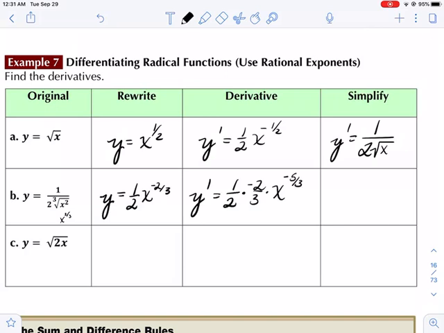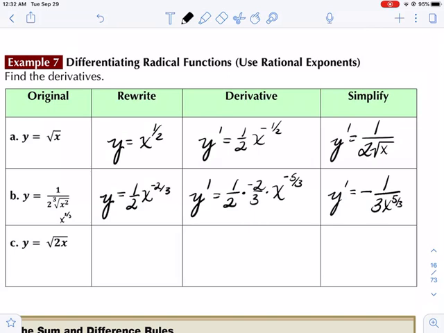So now, simplifying the expression, we would get y prime is then equal to negative 1/3 x to the negative 5/3. And let's change that so it's positive. Sorry about that. So it's going to be negative 1 over 3x to the 5/3 power.